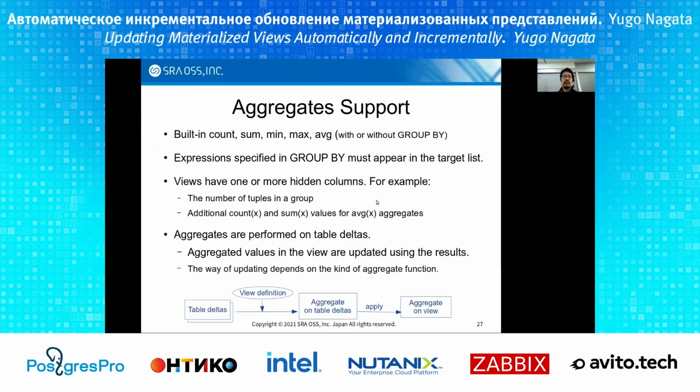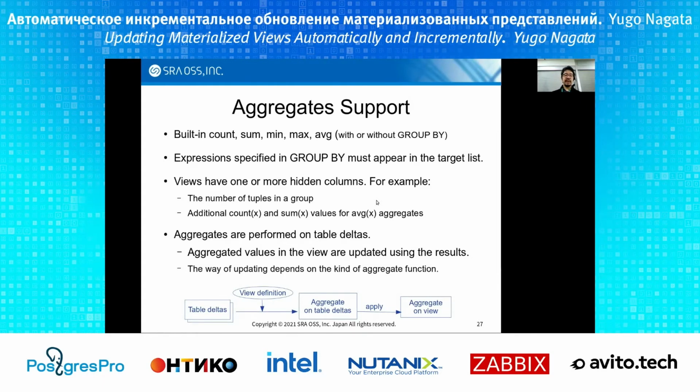Next, I'll explain aggregate support. Now we are supporting built-in count, sum, min, max, average with or without a group by clause. When using a group by clause, expressions specified in the group by clause must appear in the target list.